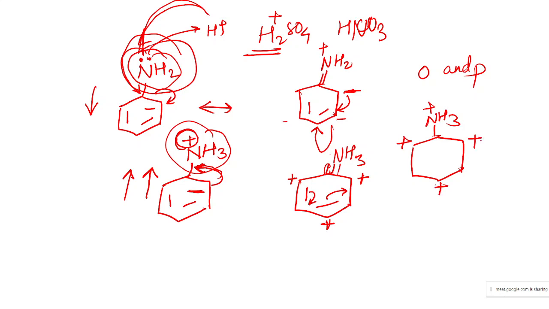Then if these positive charges are present, you see where the amount of positive charge will be more. See, nitrogen, hydrogen, and hydrogen here. Now one carbon is present here, one carbon here, and one carbon here.